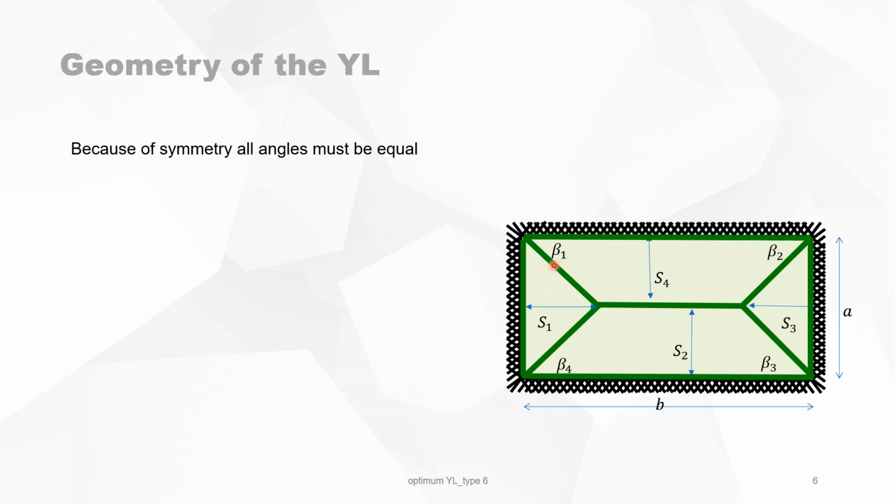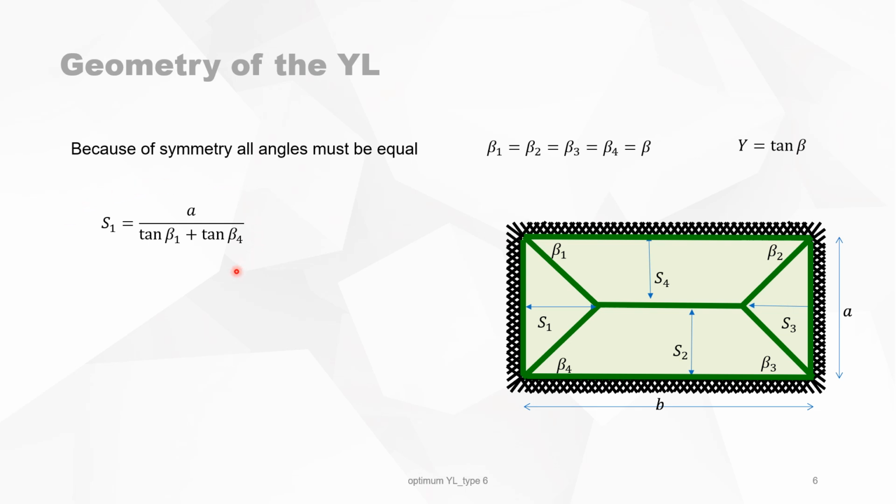So they are equal because of the complete symmetry. So that means that beta is equal for all, and we use one parameter, which I call y, equal to the tangent of beta. So now this is a problem with only one variable y.